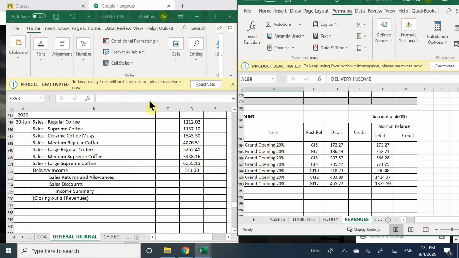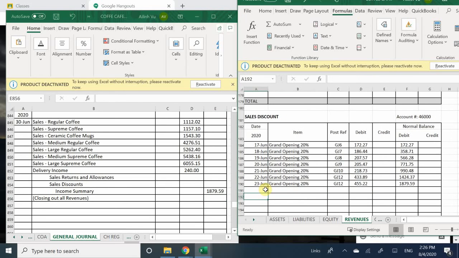Okay, so I'm gonna go ahead and credit that because right now it's currently a debit balance. So I'm gonna credit my sales discount for 1879.59. And what I'm doing here is I'm entering in everything simultaneously so that I can do this a lot quicker.